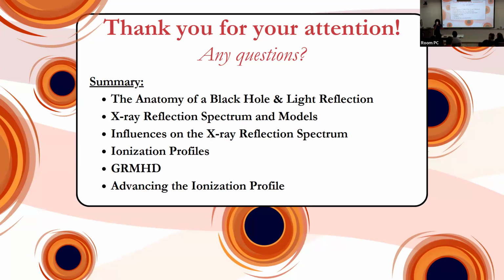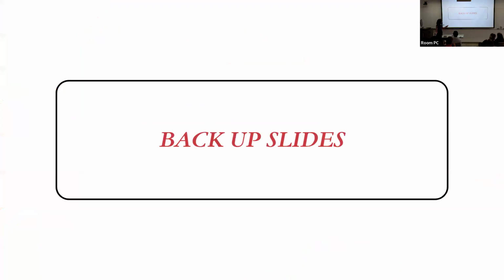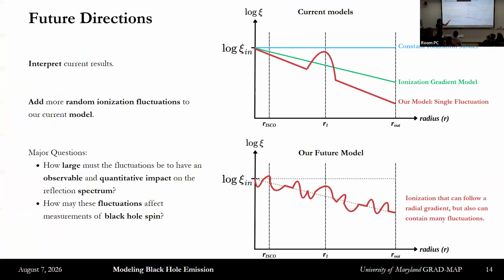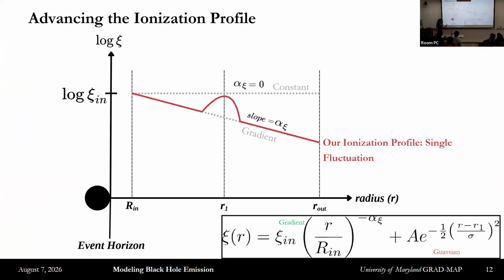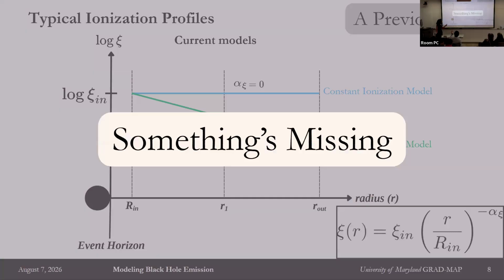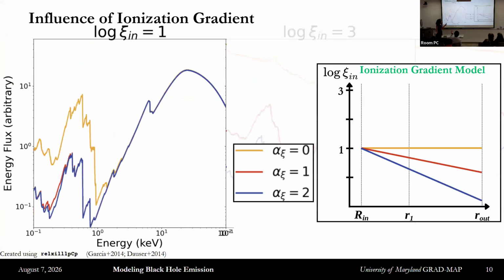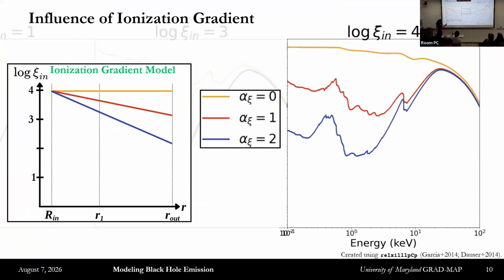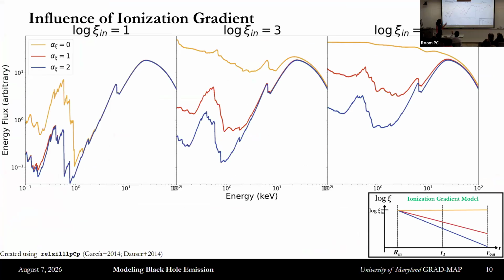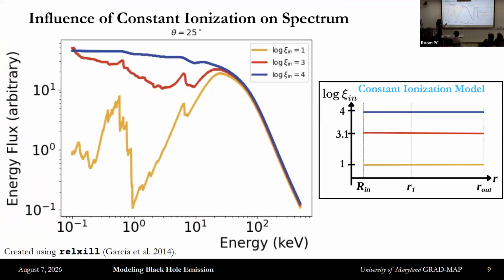So, as the ionization increases, we see a flat line, right? What is the actual cause of it? As the ionization decreases or increases? Can you go to the slide before?